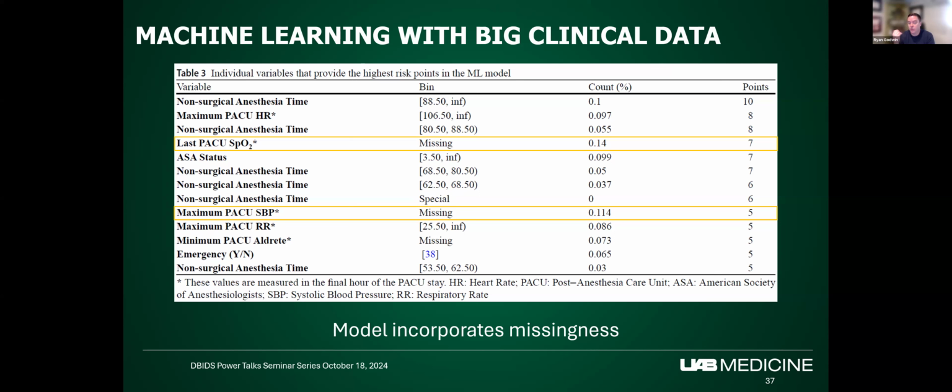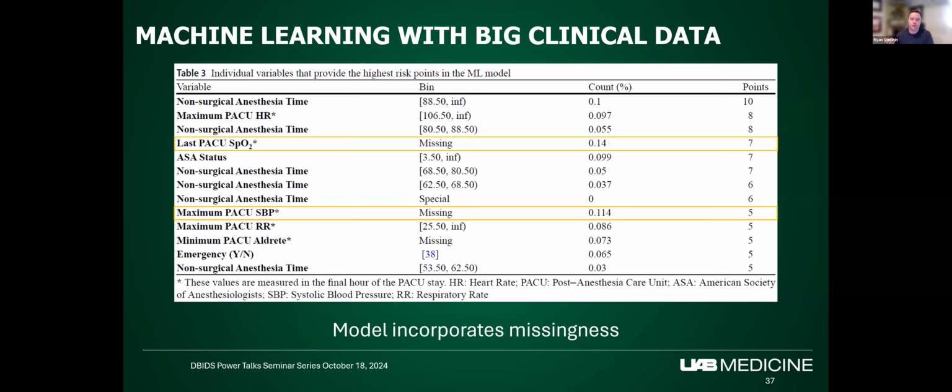And the missing values were highly predictive of being at risk for escalations of care. And the nice thing about this is that it's hopefully a pretty easy opportunity for intervention, right? If missing this is the problem, all you need to do is check to make sure that those values are there before you discharge them.